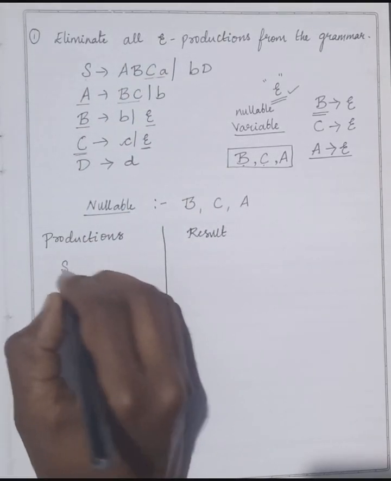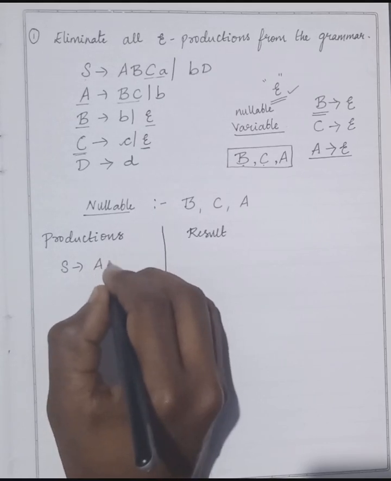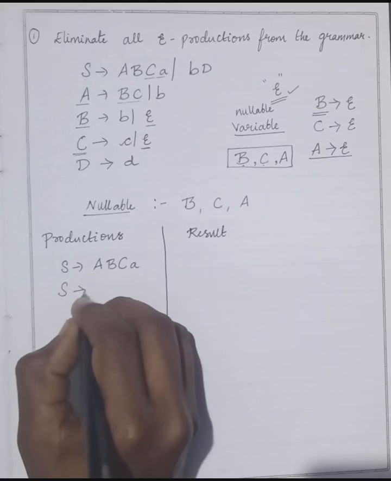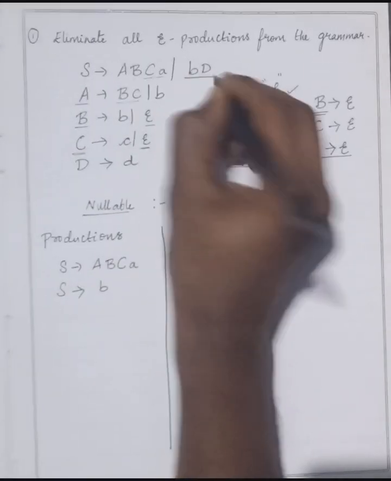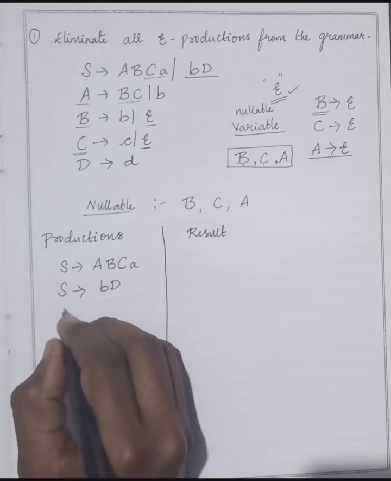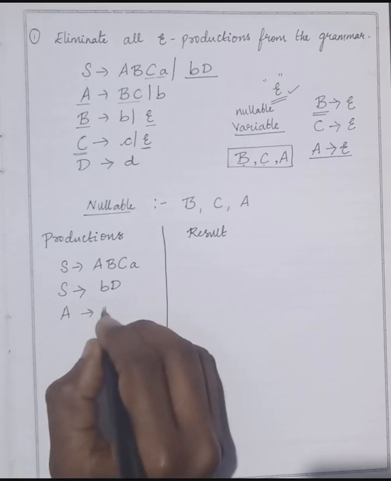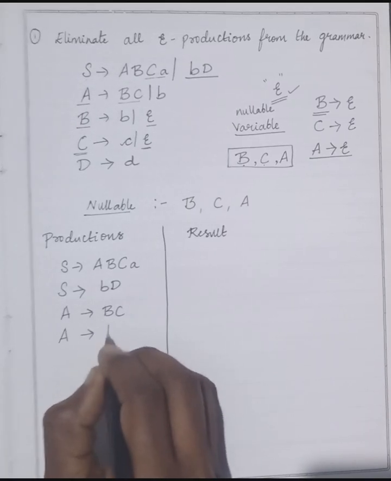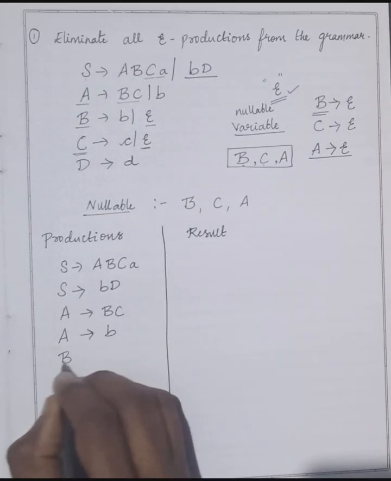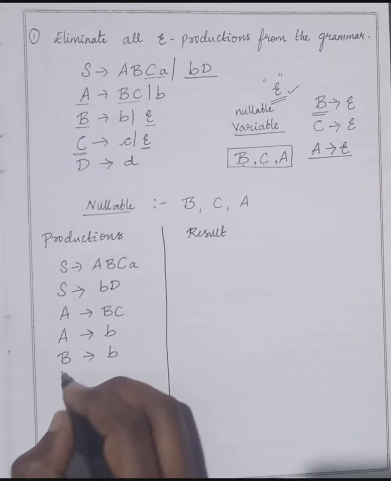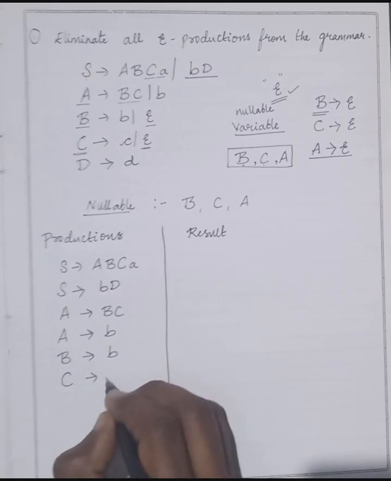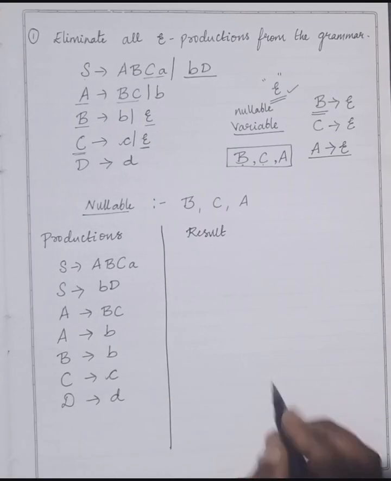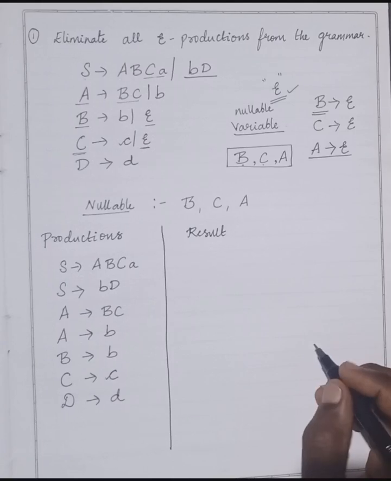S derives ABCA, S derives a, S derives BD, A derives BC, A derives b, B derives b, C derives c, D derives d. We are going to write each one after removing the epsilon.